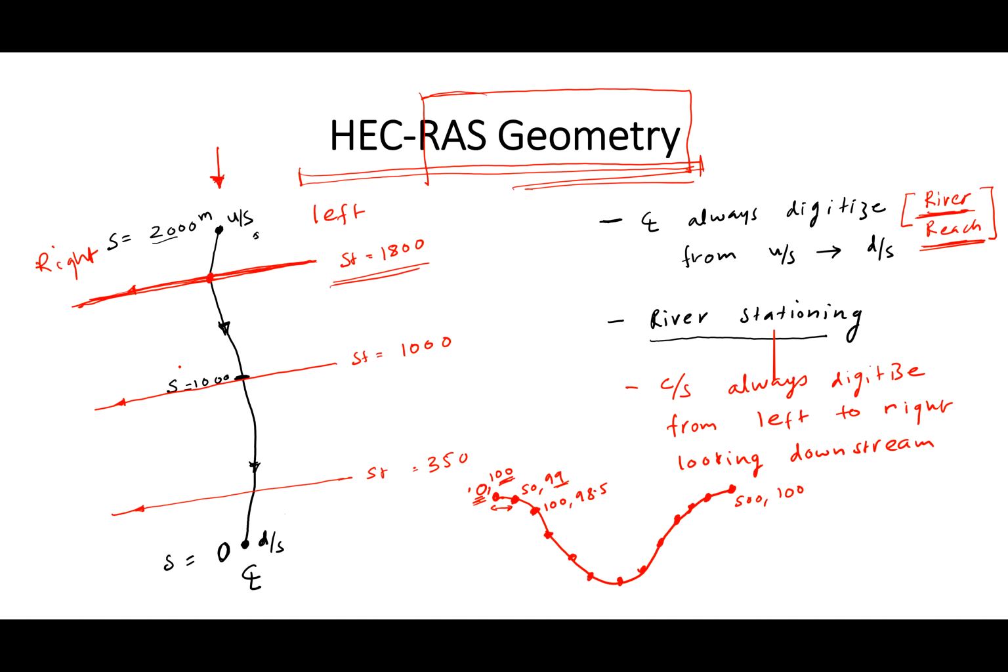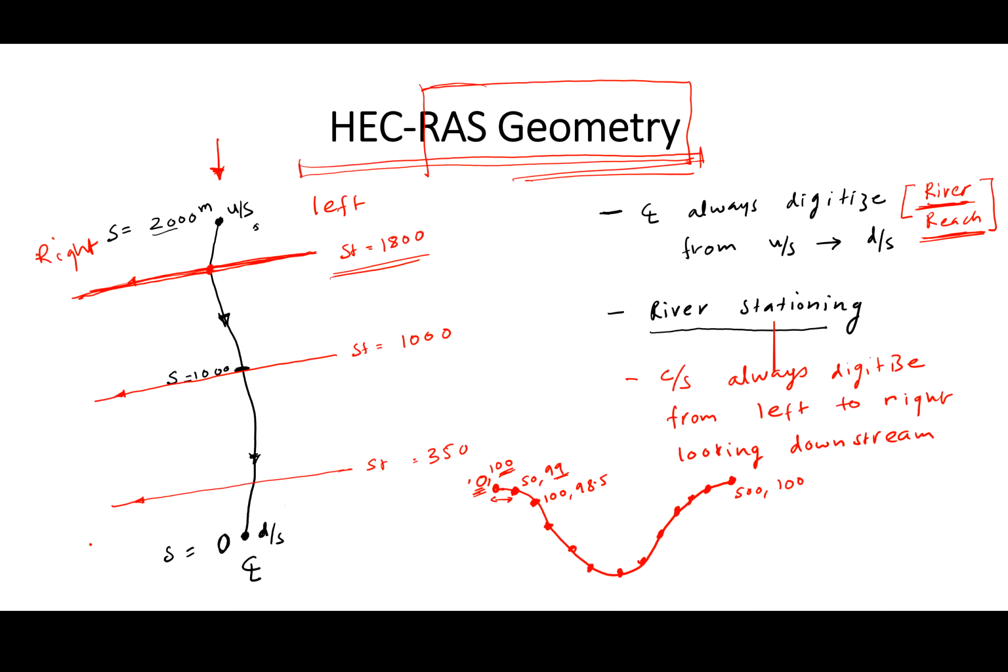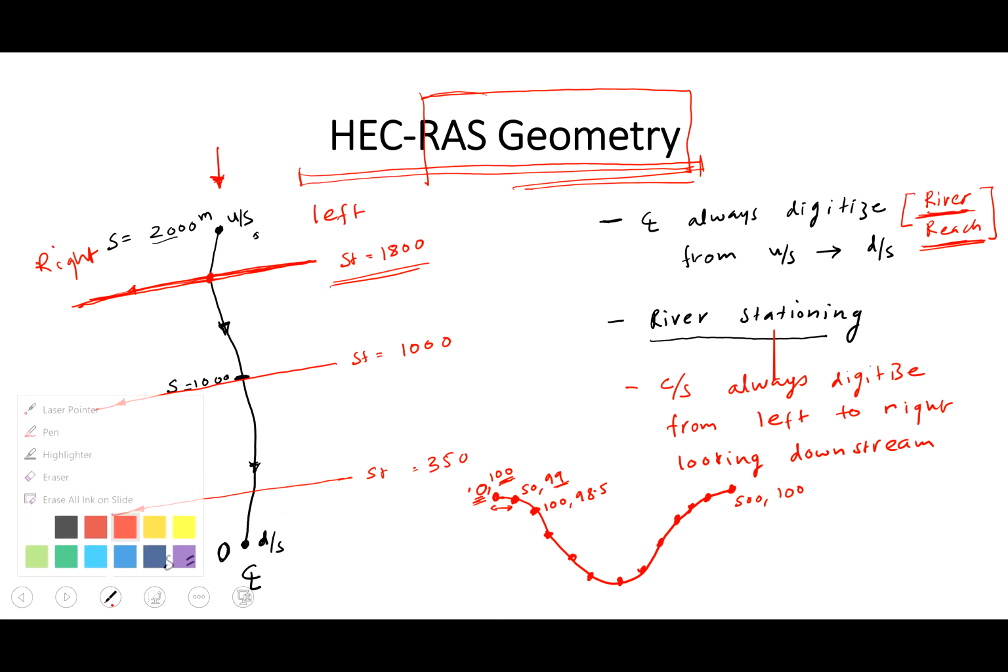We are dealing with cross sections, and many times, as I said, the flow does go into the floodplain. In that case, we need to define which part of this cross section is main channel and which part is floodplain. So let me use a different color again to identify our bank locations.